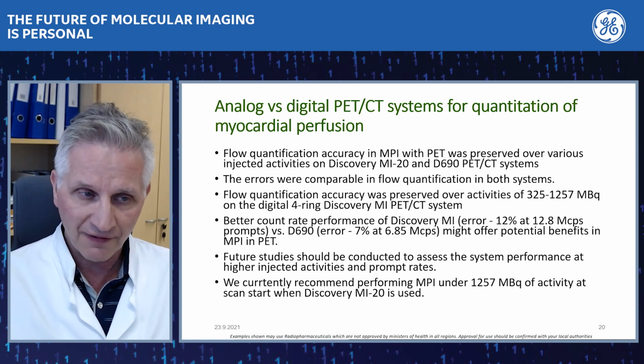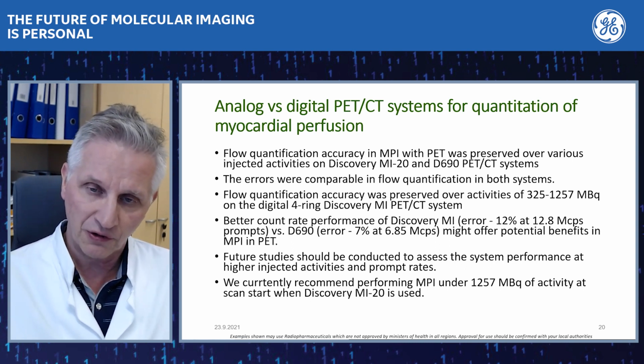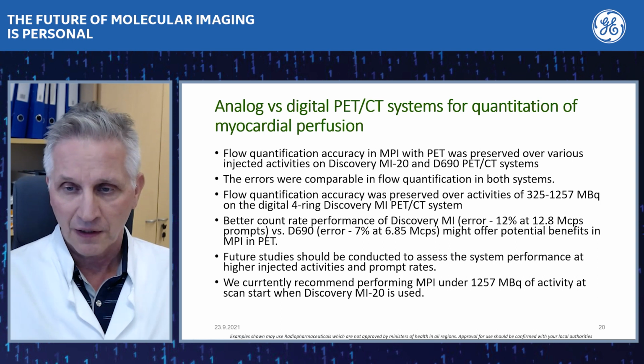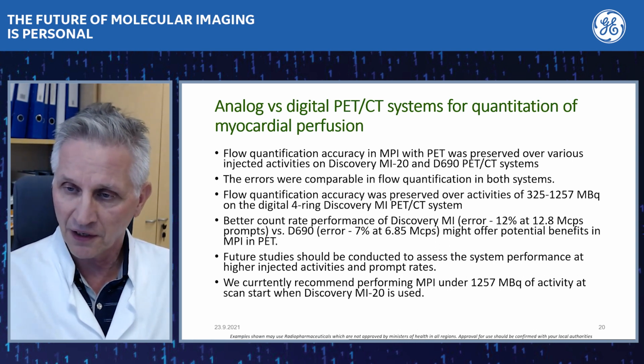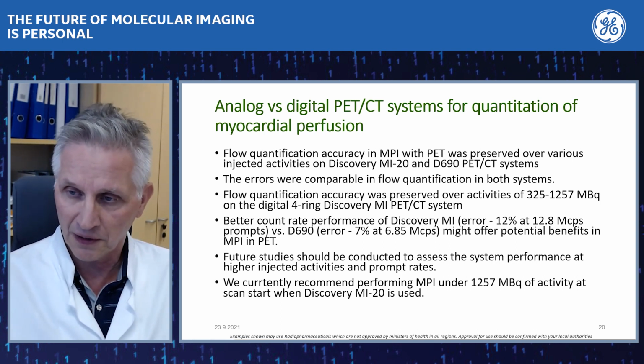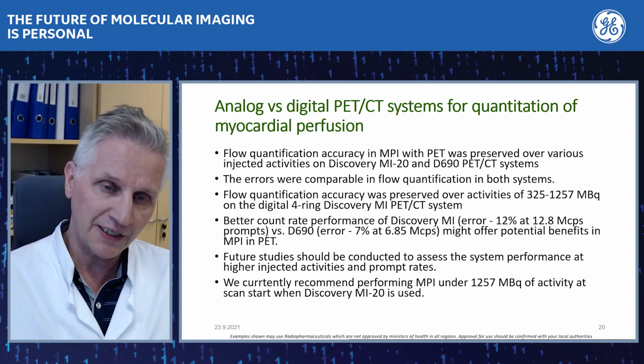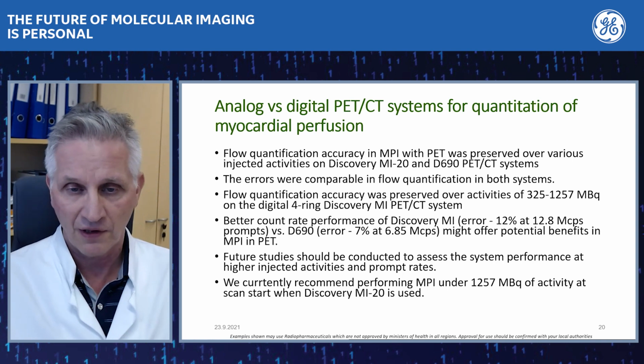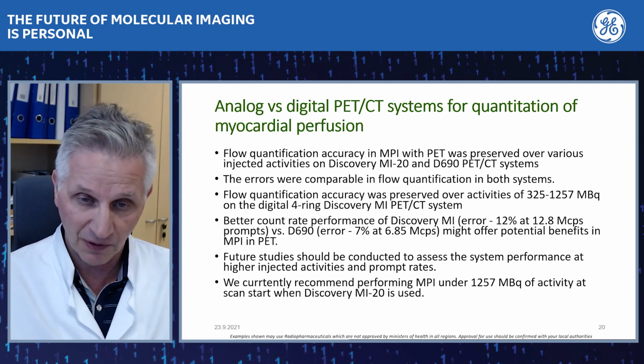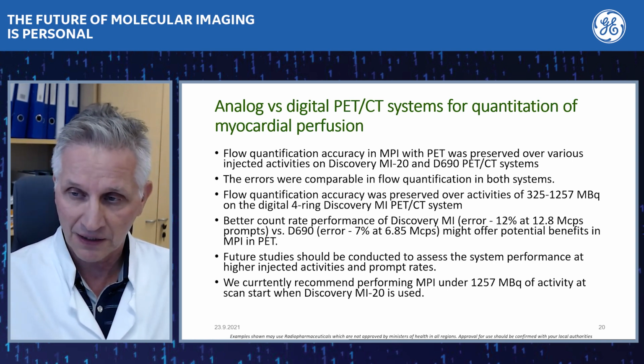And also we believe in the better count rate performance of the digital version, as you see, only 12% error at almost 13 megacps, versus in the D690 there was 7% error at the level of 6.8 megacps.